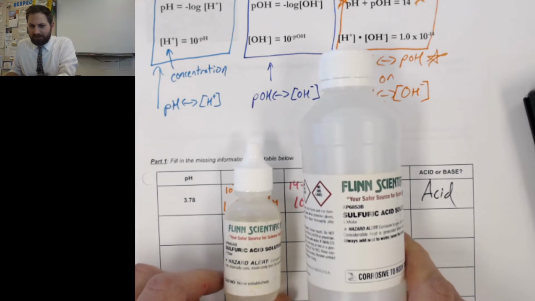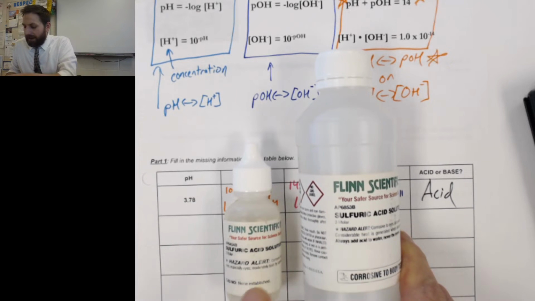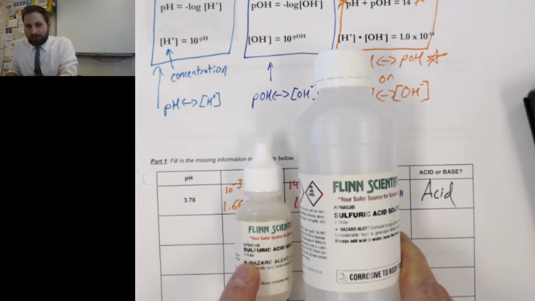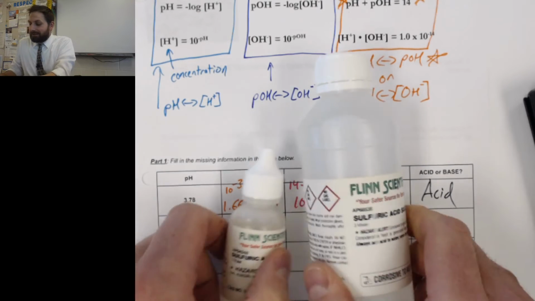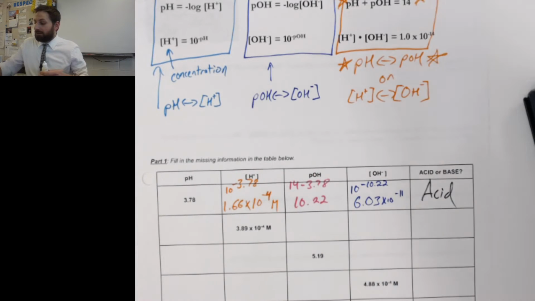There are different concentrations of acids, and the more concentrated your acid is, it's going to affect the molarity of your hydrogen ions, those protons that are very unstable and want to react with things.